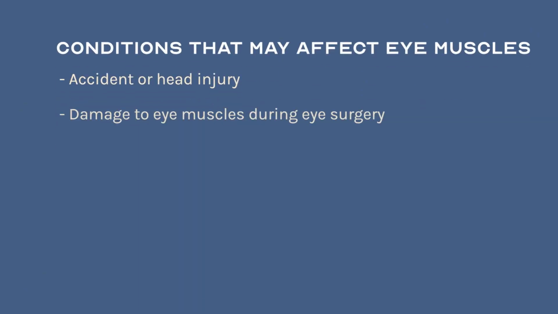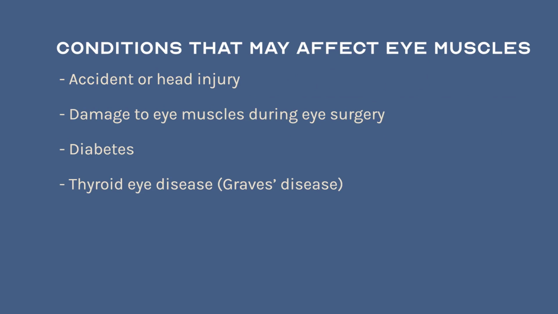People who have strabismus can have a systemic problem which affects one or more eye muscles, injury, damage to eye muscles during eye surgery, and health problems such as diabetes, thyroid eye disease known as Graves' disease, myasthenia gravis, brain tumors, or stroke. The most obvious symptom is having eyes that appear out of alignment.